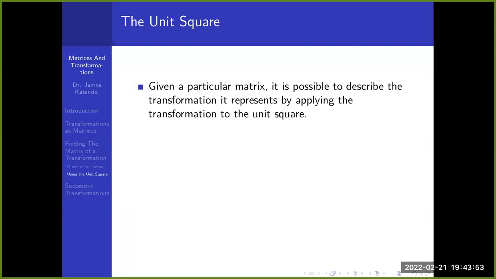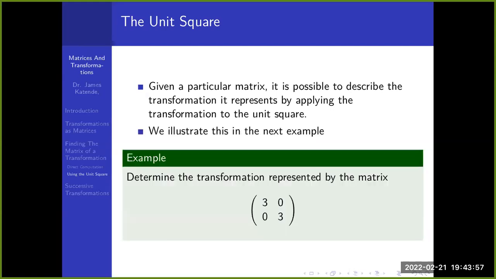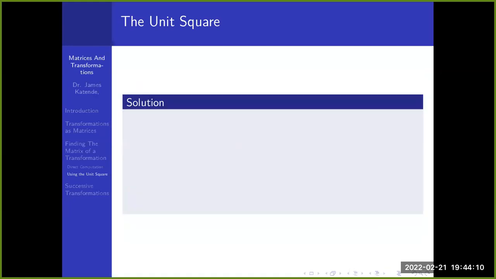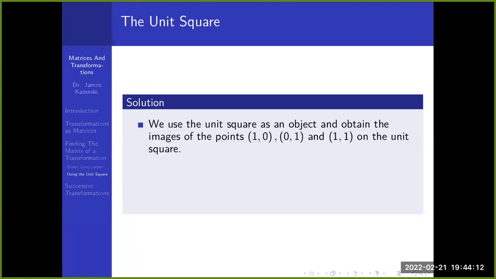By just applying the transformation to the unit square, we should be able to describe it. Let's look at an example. We apply this matrix to the unit square in our example, and this is what we get.